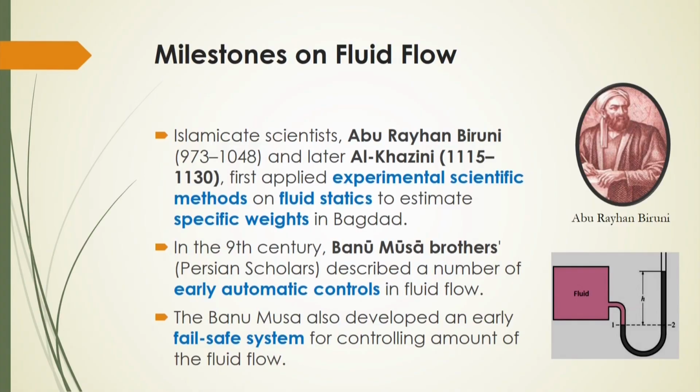After that, 1115 to 1130, Islamic scientist Abu Rayhan Biruni, 1130, first applied experimental scientific methods on fluid statics to estimate specific weights in their location, this is in Baghdad.